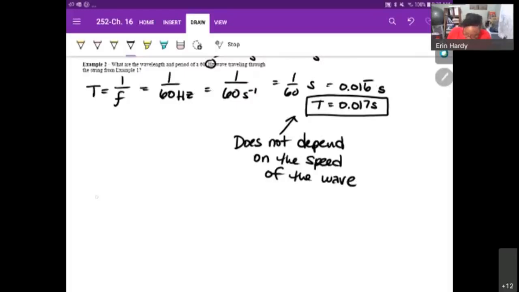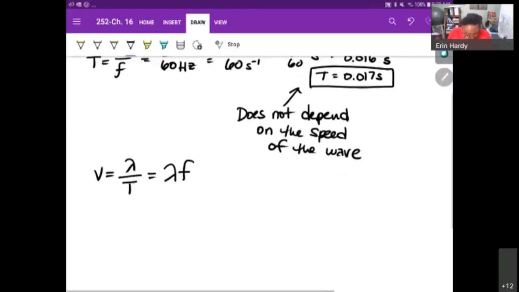So let's go to part b: v is equal to lambda over the period, which is another way of saying lambda times f. We have f, we have v from the previous question. So this means that lambda is going to be the ratio of v and f. And let's see.